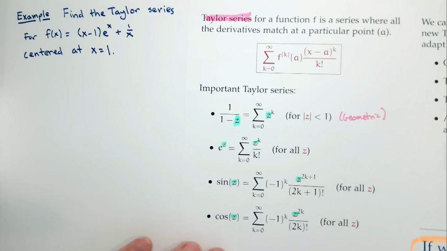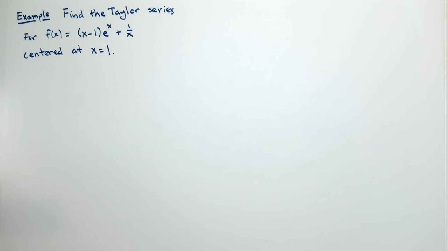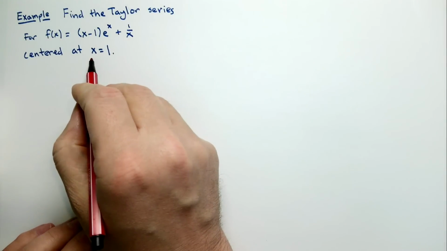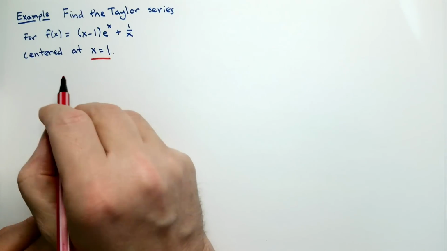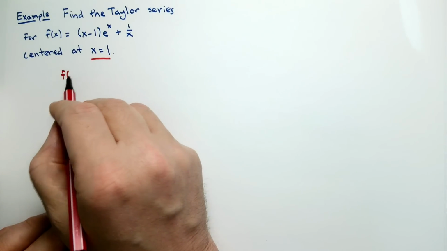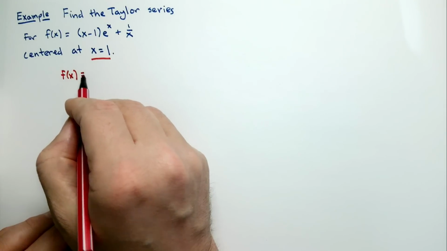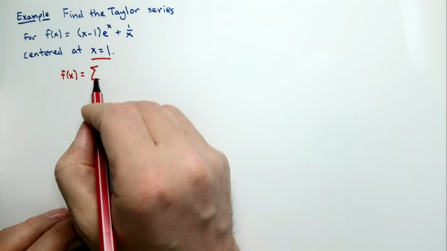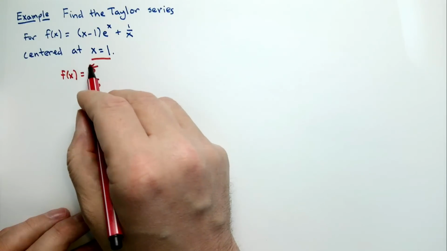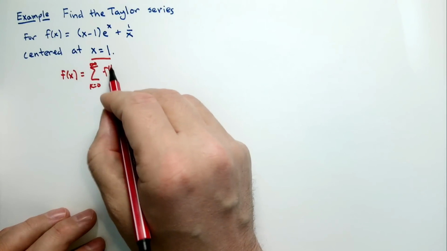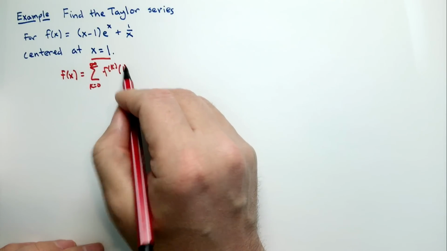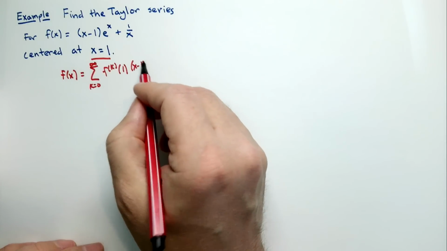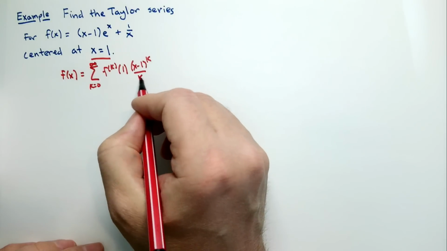All right, well, now we have to figure out how to use them. One of the things going on here is we're not going to be centered at 0, we're going to be centered at 1. What does that mean? It means that we want to write this as f of x equals the sum from 0 to infinity of the kth derivative evaluated at 1 times (x minus 1) to the k over k factorial.